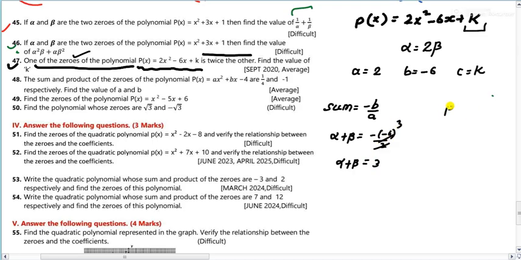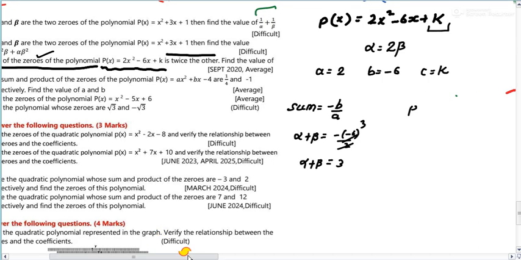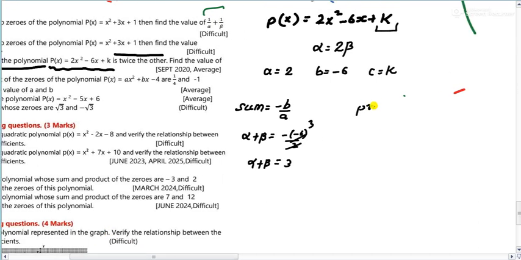Now coming to product. What is the product formula? Yeah, C by A, and this can be written as alpha into beta. C is k and A is 2. So alpha into beta is equal to k by 2. You can keep this as it is.